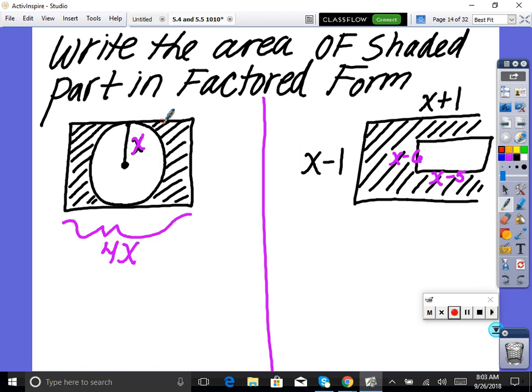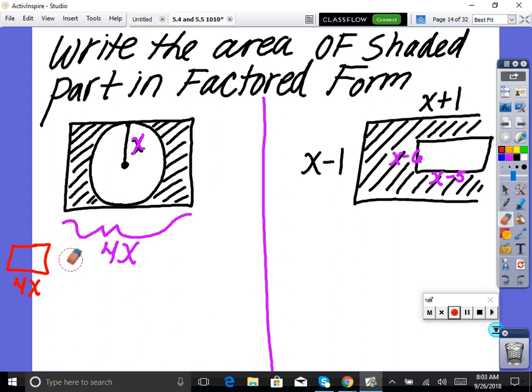So let's find the area of the rectangle, pretending the circle's not there. How do you find the area of a rectangle? Length times width. Looks like it's, oh wait, it's a square. Sorry, I drew it as a rectangle. Actually, no, it's not a square. Good point.